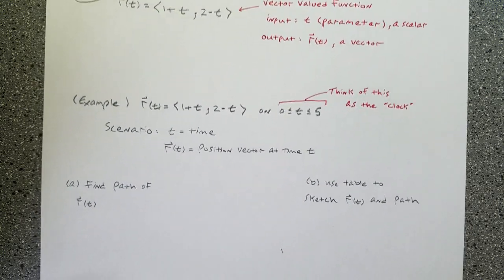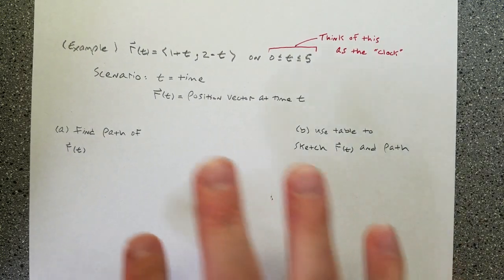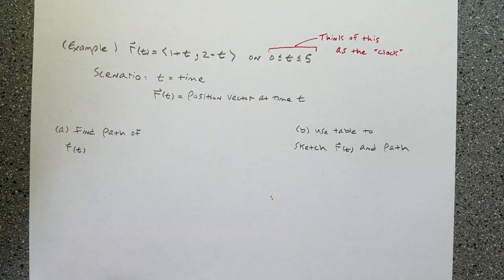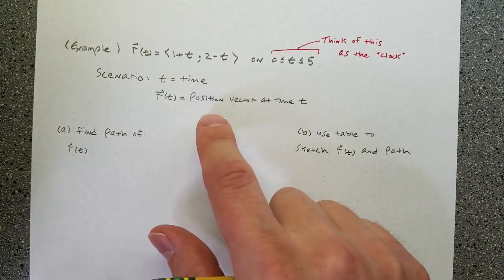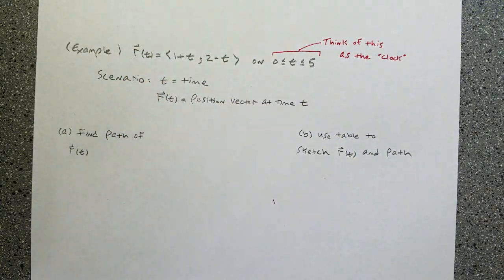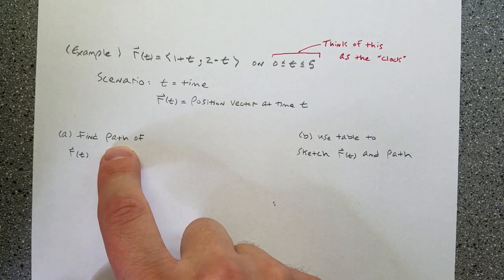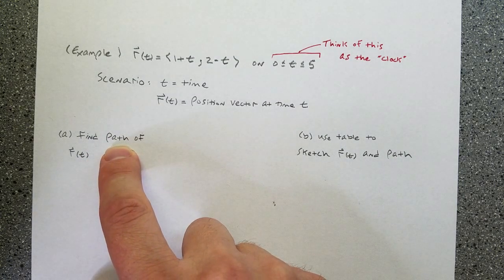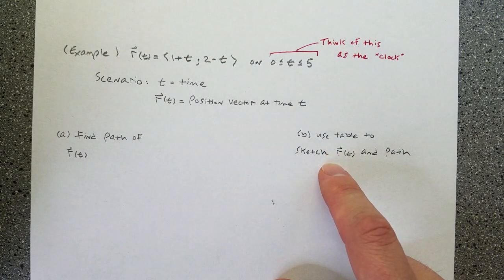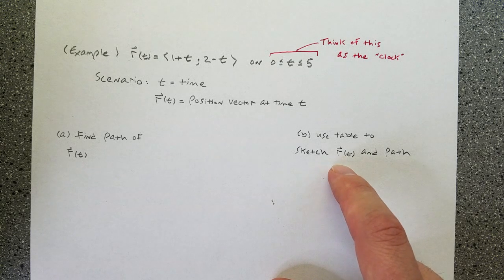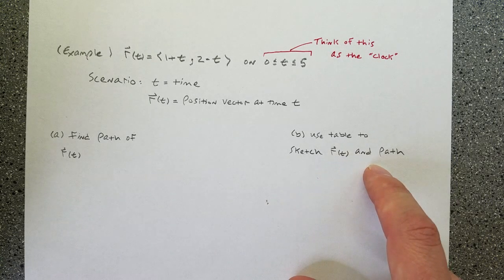So here's what we want to do about that. Part A of the question says, can you find the path of this moving object? Every moving object moves along a path. And B, can you use a table to sketch r of t and its path?